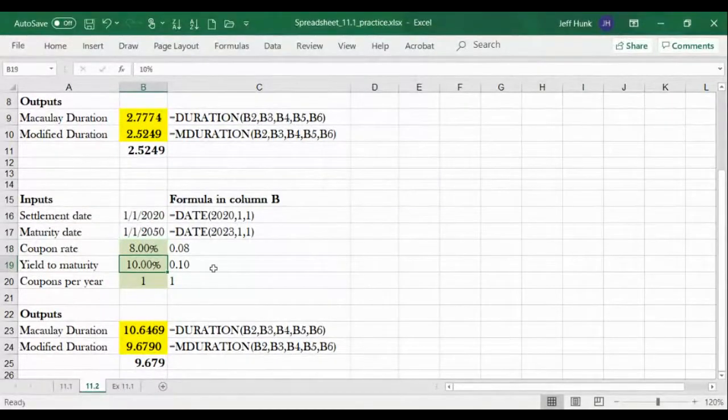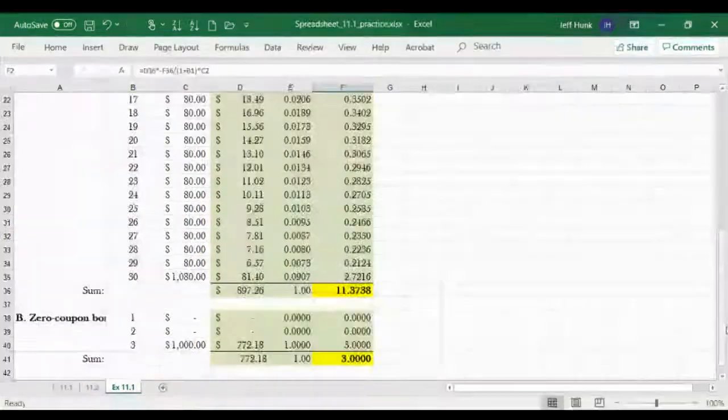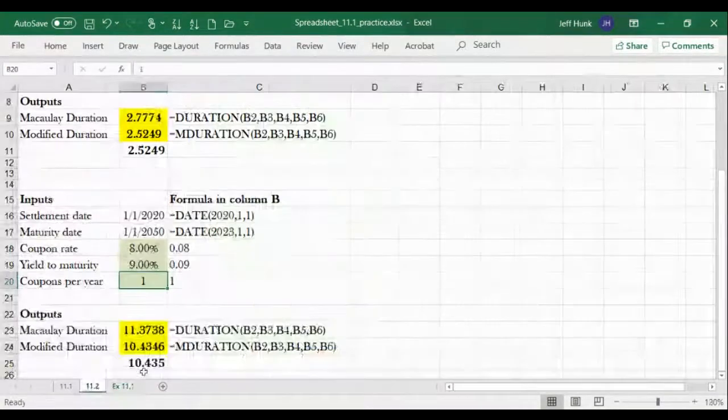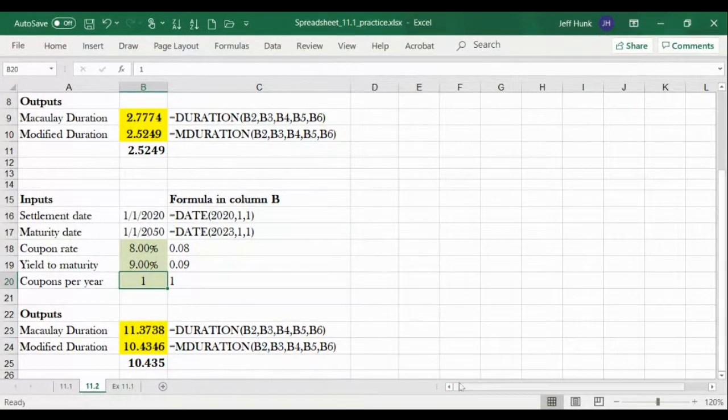This is 9%. Just change that and what do you get? 11.3738. I got exactly the same number, right? And then a modified duration as well. So it's relatively easy, right?